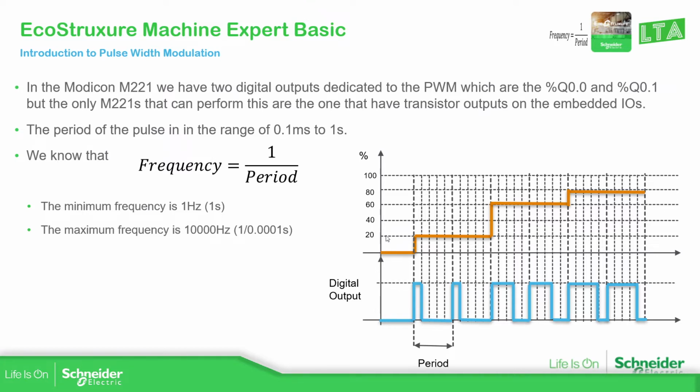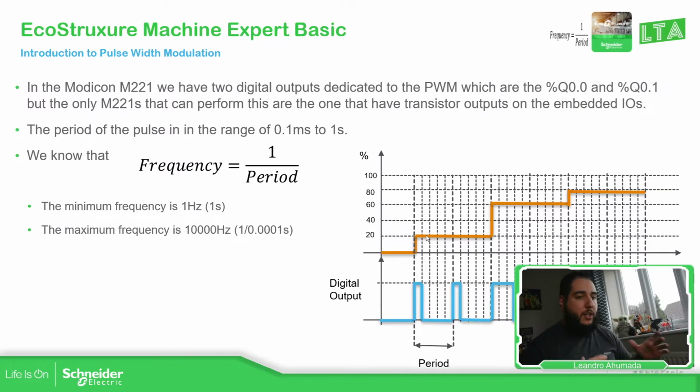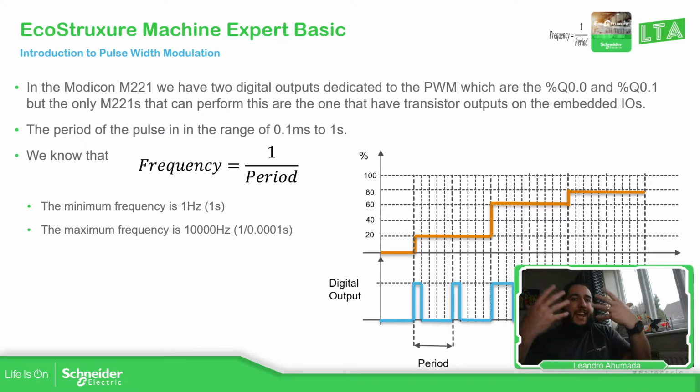When the value in this case is 20, it means that we're going to have the output on for 20% of the period. The duty cycle will be 20%. That's basically the idea. We're going to convert the analog value into pulses, and this analog value will be linked to the duty cycle.